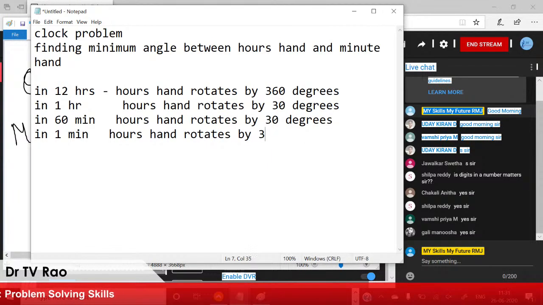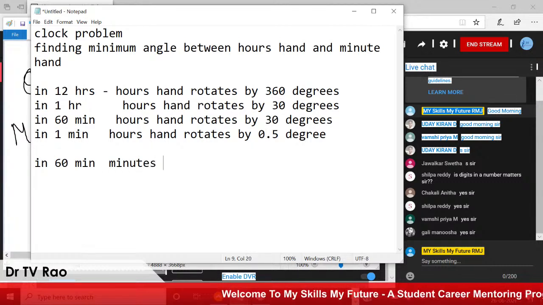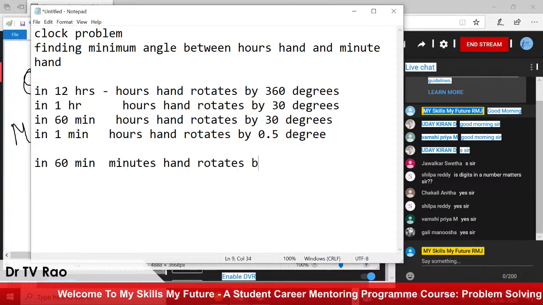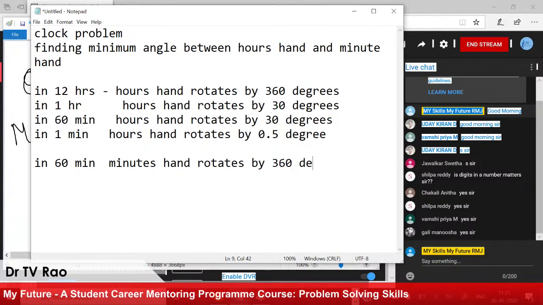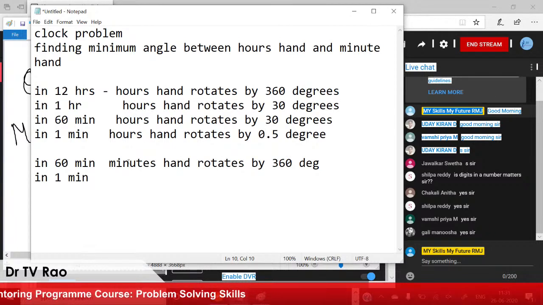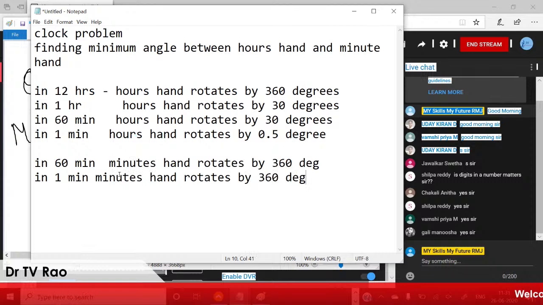Now, in 60 minutes, the minutes hand rotates by 360 degrees. In 1 minute, the minutes hand rotates by 6 degrees. Okay.